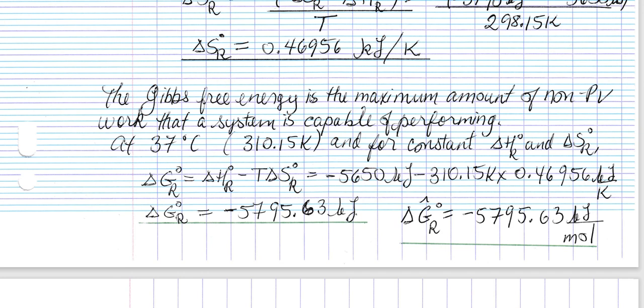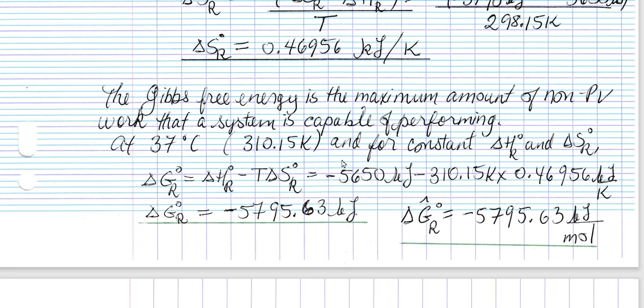Now the Gibbs free energy is the maximum amount of non-PV work that a system is capable of performing at 37 degrees Celsius, which is 310.15 Kelvin, for constant delta H reaction and delta S reaction. The delta G reaction can now be computed at body temperature, 310.15 Kelvin.